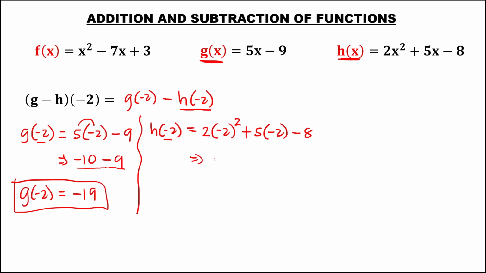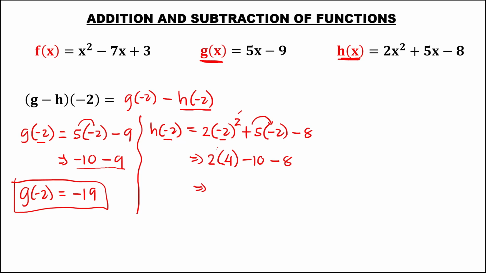Then to simplify, this becomes 2 times negative 2 to the power 2, so this is equal to negative 2 times negative 2. So that's positive 4. Then positive 5 times negative 2 is negative 10, then minus 8.